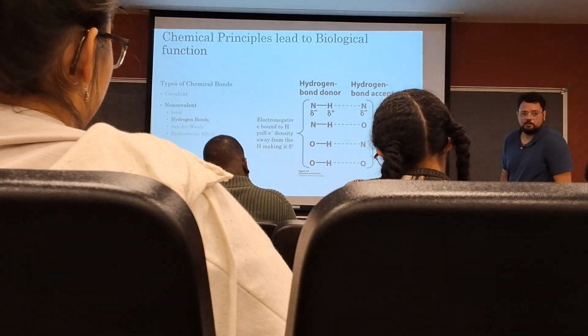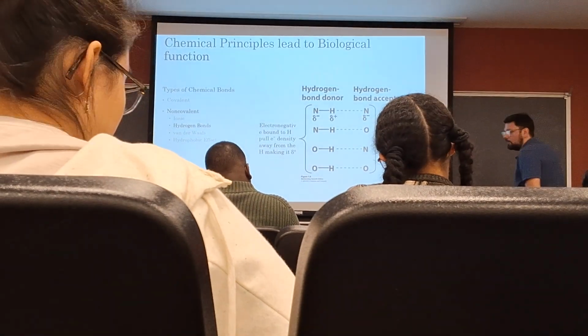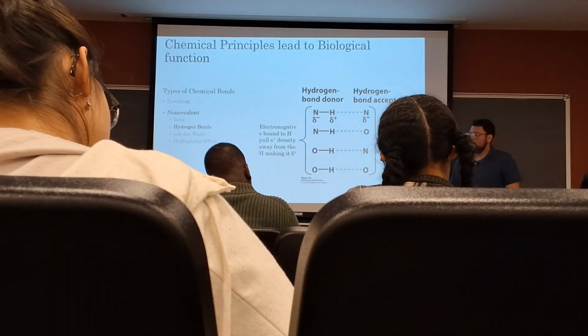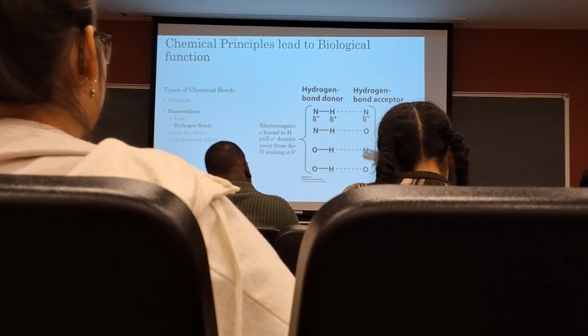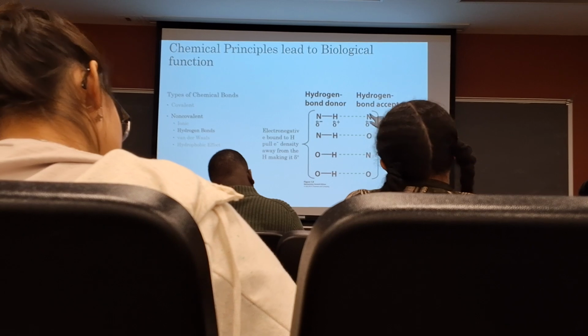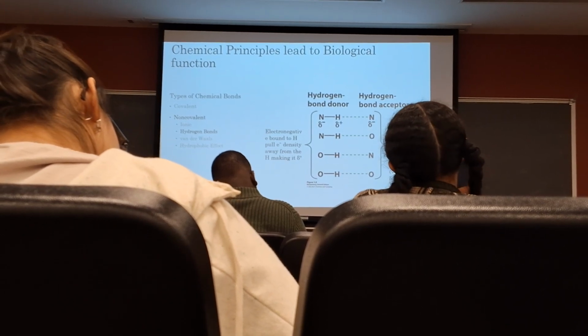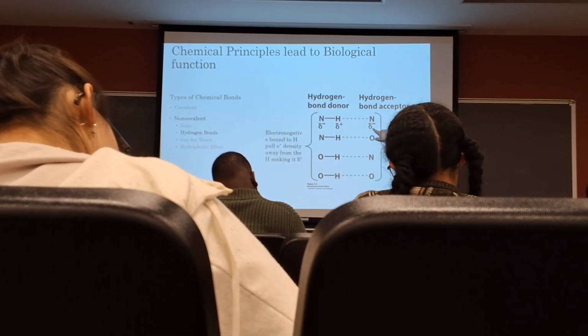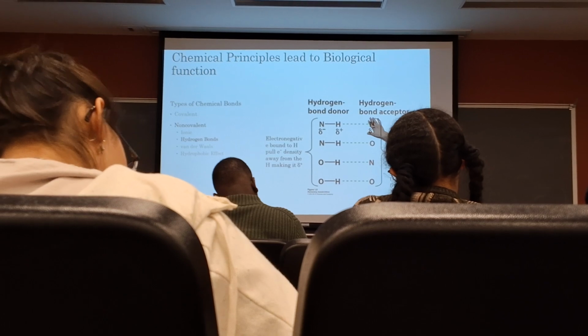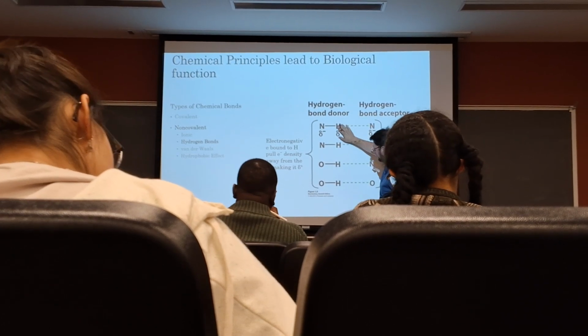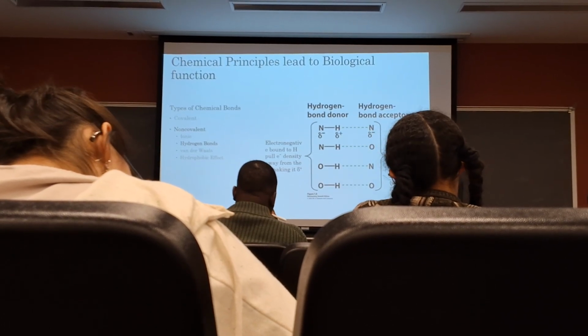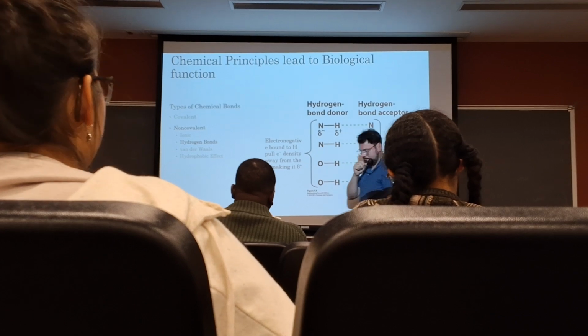This could be on another molecule. It could be on a different part of the same macromolecule. What matters is that it's electronegative. So whatever this is connected to, this is always going to be partially negative, okay? So now we have a partially negative next to a partially positive. This interaction here is our hydrogen bond, okay?